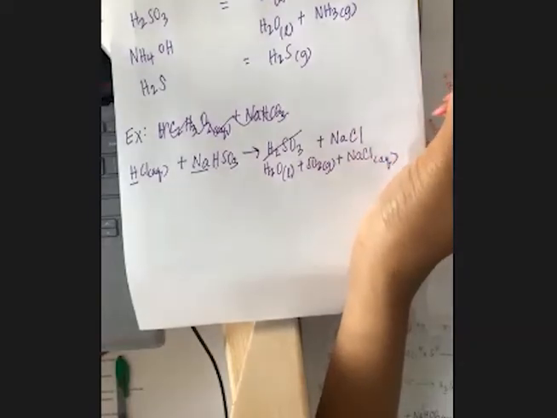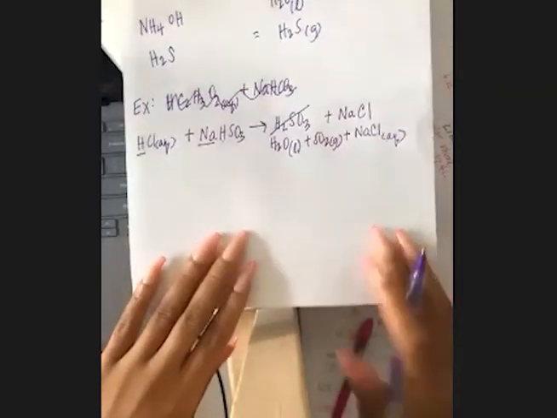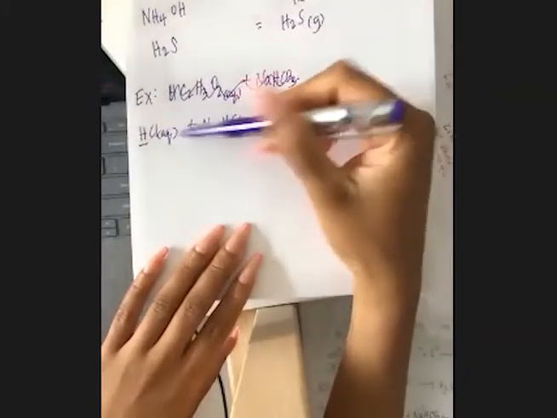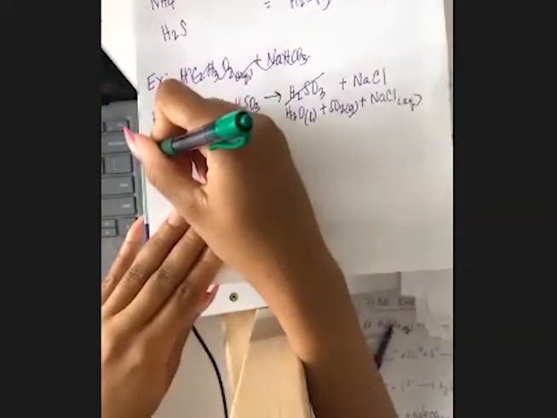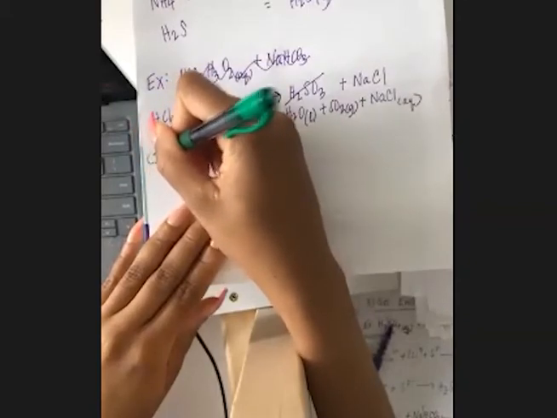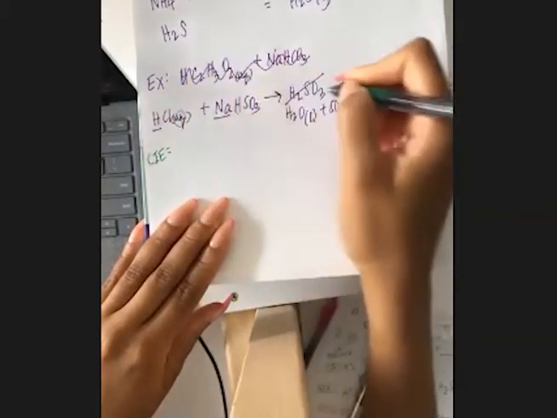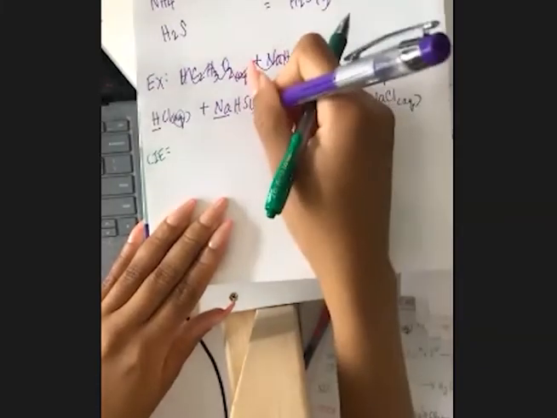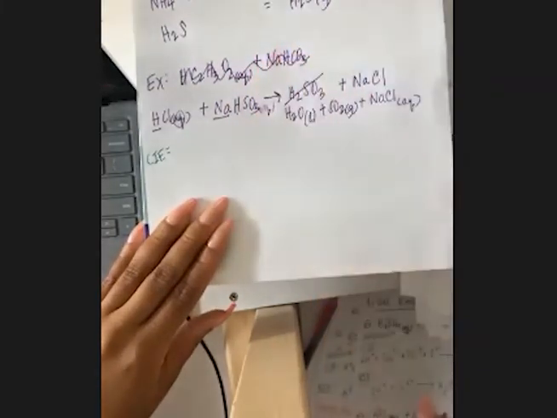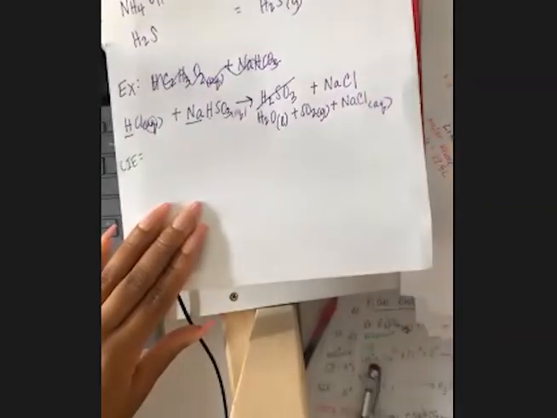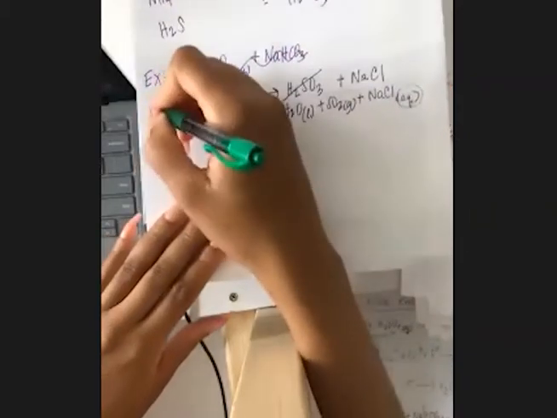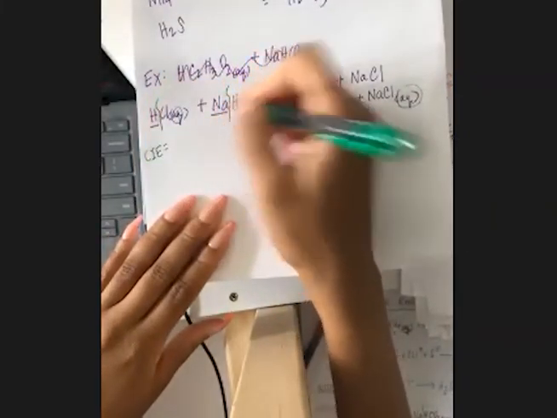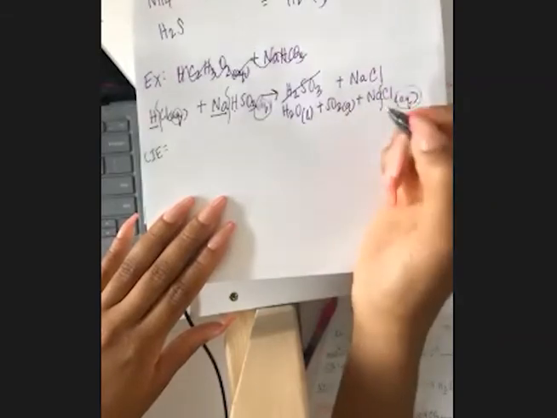Yes, that's it. Okay, so in this case, once I figure out what my products are, I can still write my complete ionic and net ionic equations. For the complete ionic, if it's got an aq next to it, I have to break it apart into its ions. Those three have aq next to them.